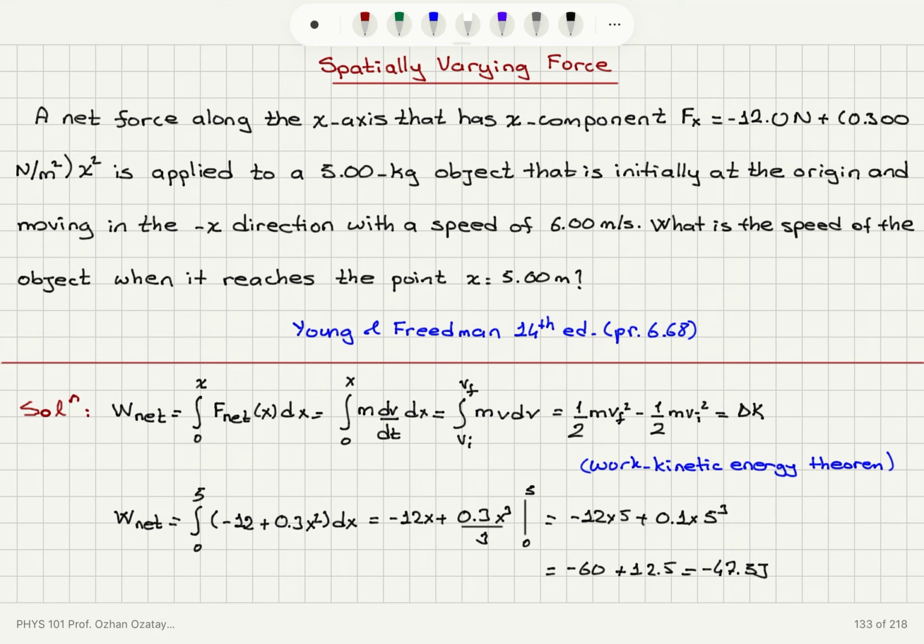So the work done by the net force here will be the integral of minus 12 plus 0.3 x squared dx from 0 to 5. So we go from x equals 0 to x equals 5. So minus 12x is the integral, plus 0.3 x cubed over 3. This is to be evaluated between 0 and 5.